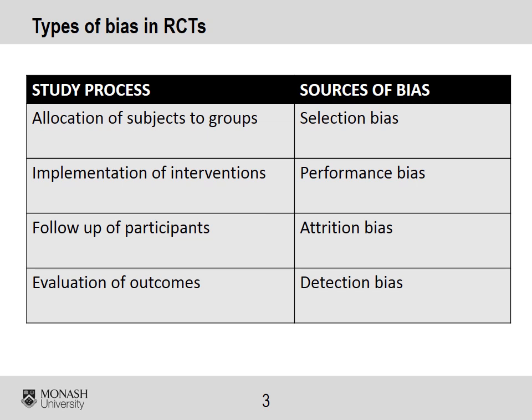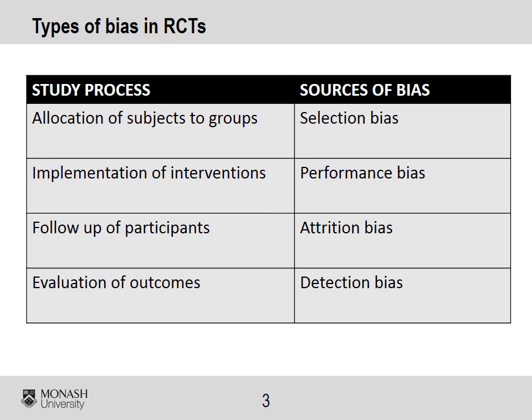The second bias that you want to look out for is performance bias, which relates to how the interventions themselves were implemented. The third bias you want to look out for is what we call attrition bias, and that relates to the follow-up of participants.